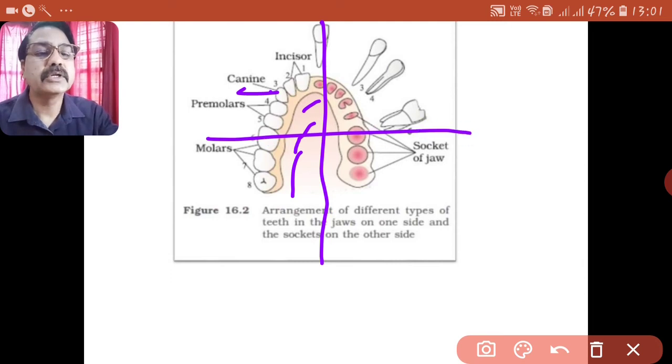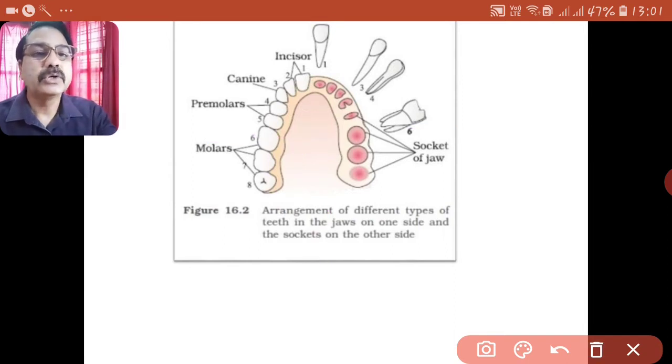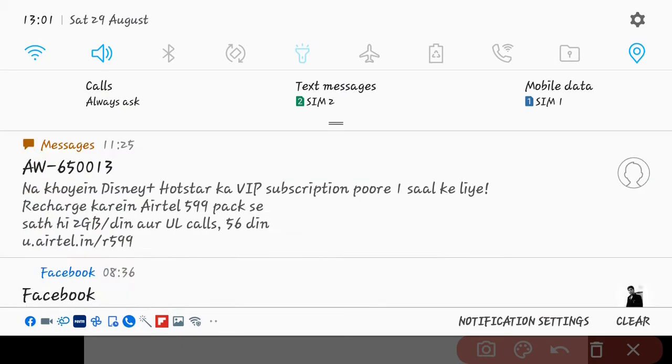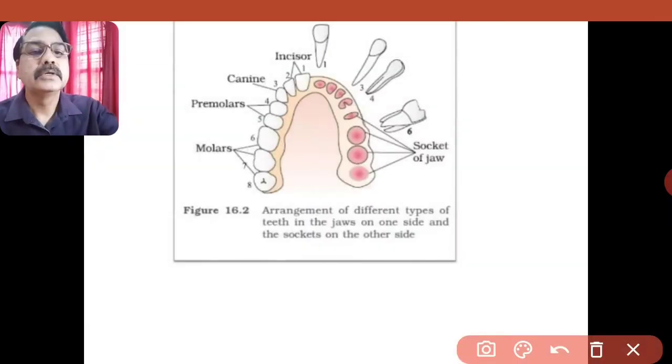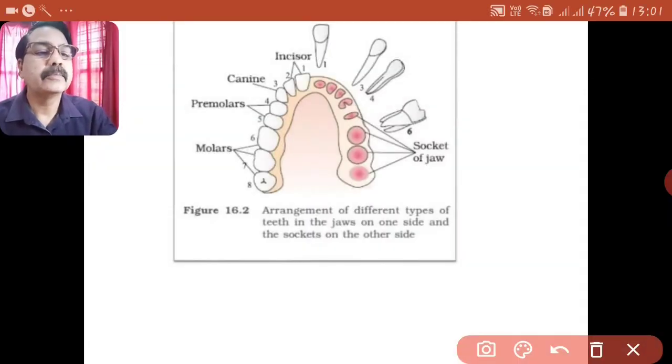So this is actually the upper jaw. Here you can see the upper jaw and the lower jaw. So 8 plus 8 in the upper jaw and 8 plus 8 in the lower jaw.